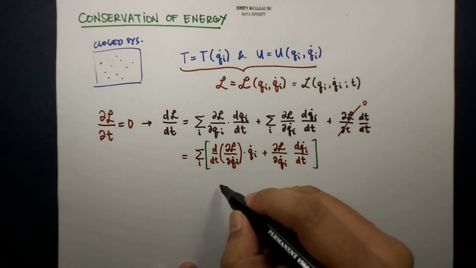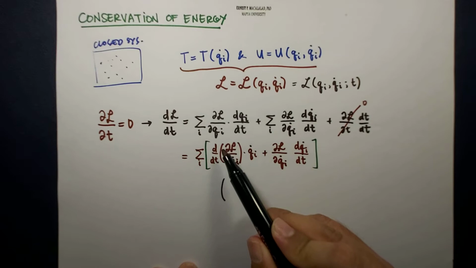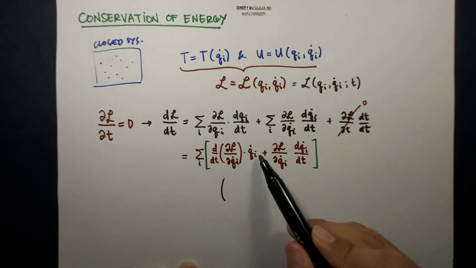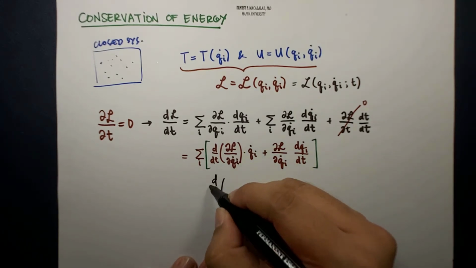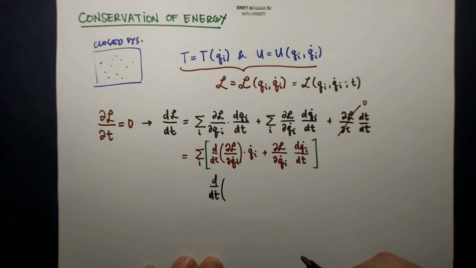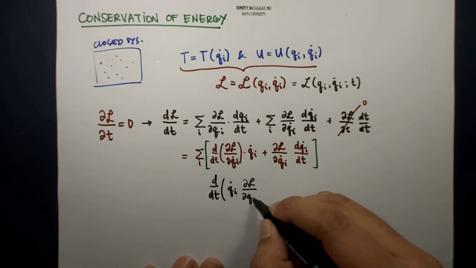That product is the product of the total derivative with respect to time of qi dot and the partial derivative of L with respect to qi dot.